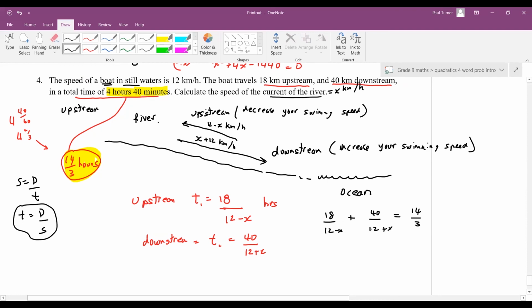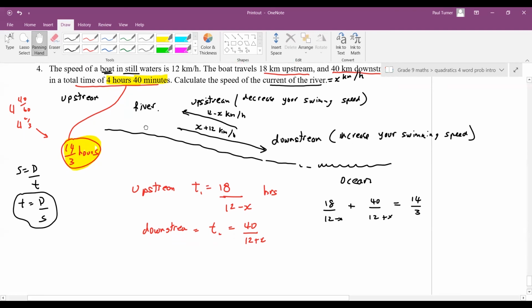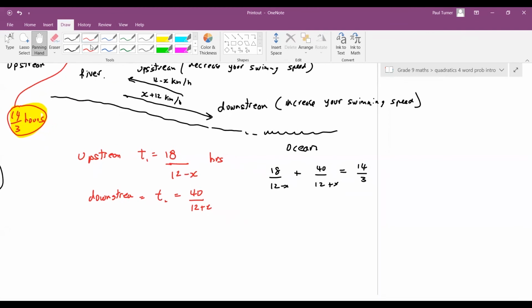Again, we have a fractional equation here. So you can try to solve that. We only have a few minutes, so I will just briefly give you the final answer. And we wanted the speed, the current speed of the river X. You actually get 2 answers here.